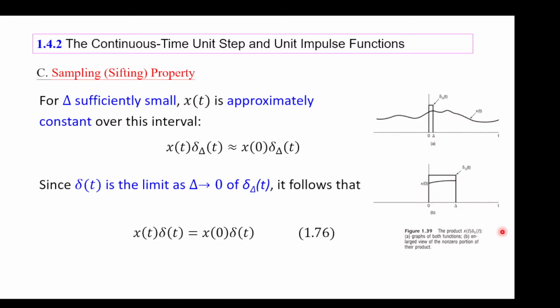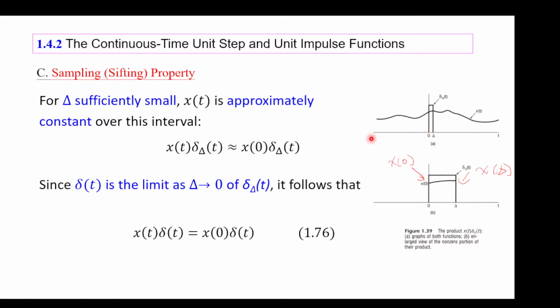So at this point, this is x of 0. The x function will be x of 0 here, and it will be x of triangle here. If triangle is very small, then x of 0 is about the same as x of triangle. Now think about the product of delta triangle and x of t.